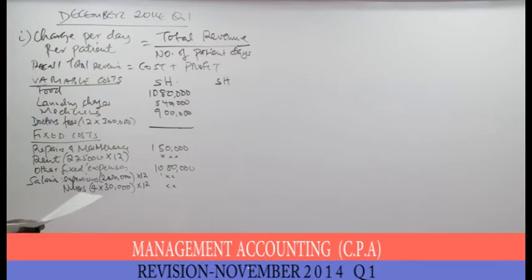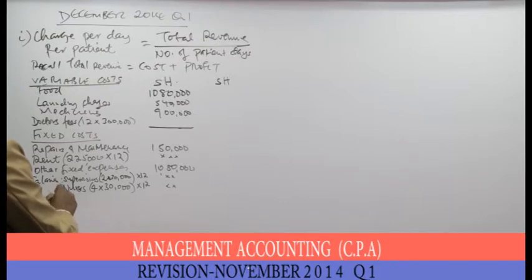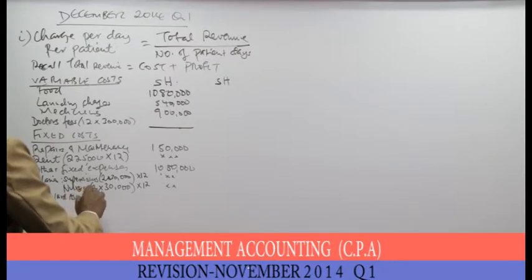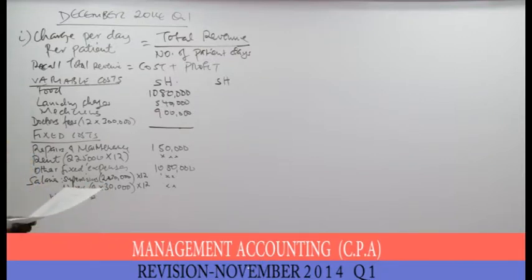Then we have ward assistants. Remember, these are fixed costs. How many are they? We have 2 ward assistants.